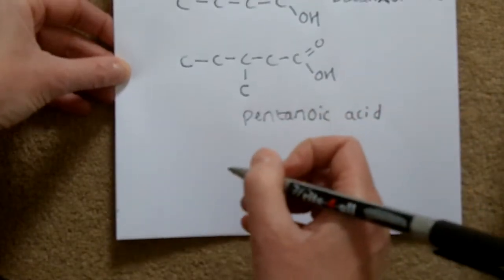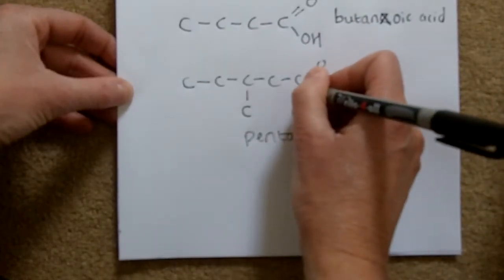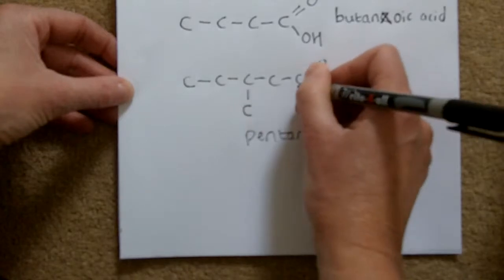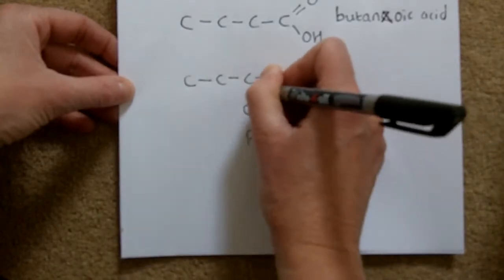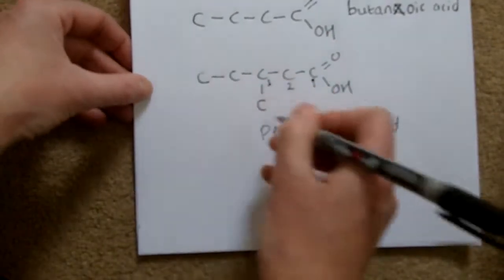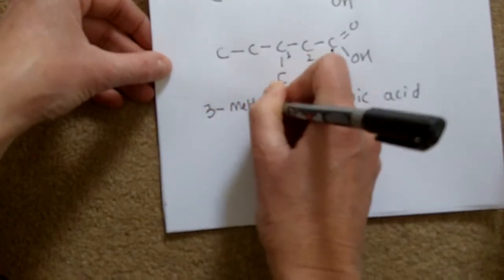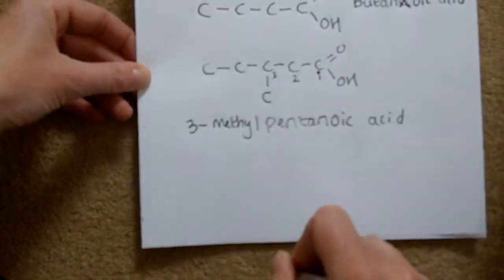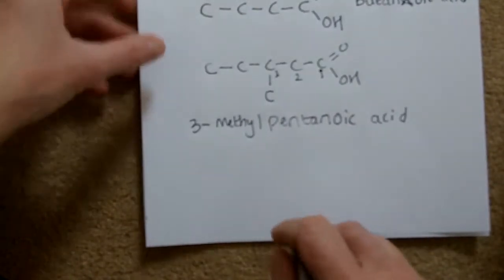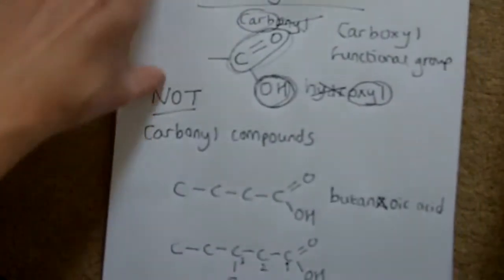But you've got your numbering from the carboxylic acid, the functional group, 1, 2, 3. So it would be 3-methylpentanoic acid, just put the methyl at the front.